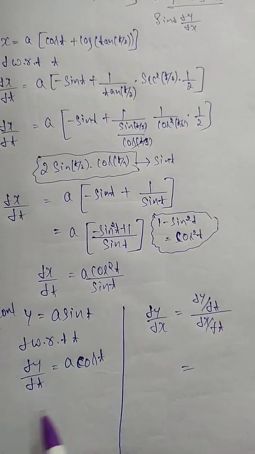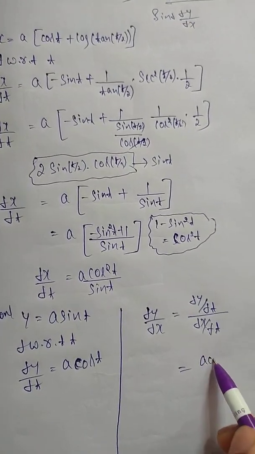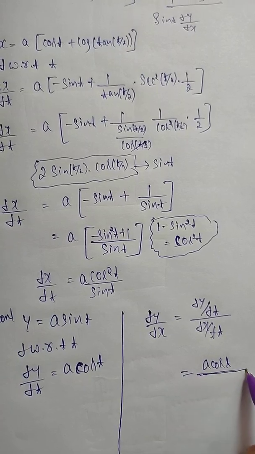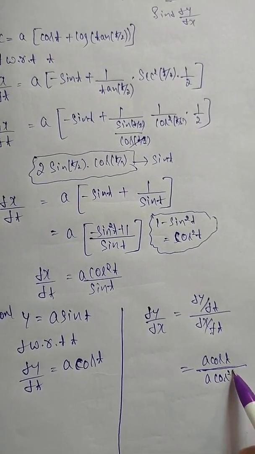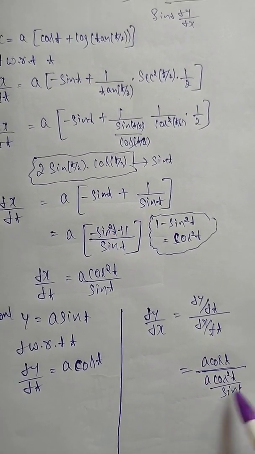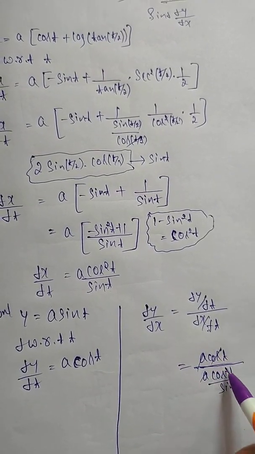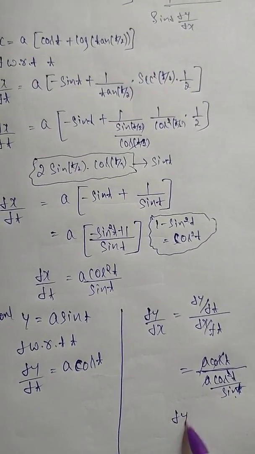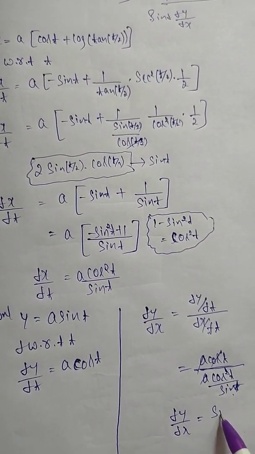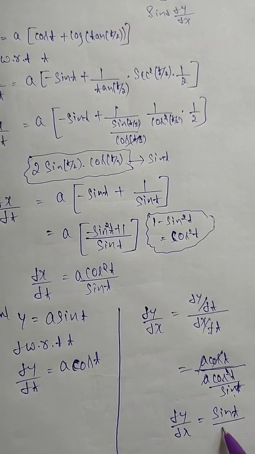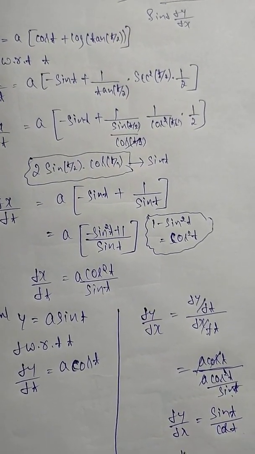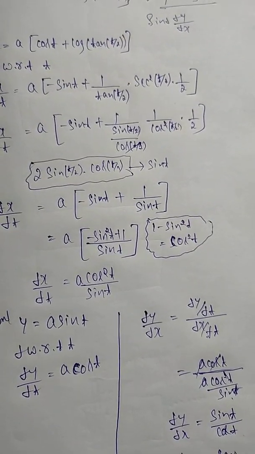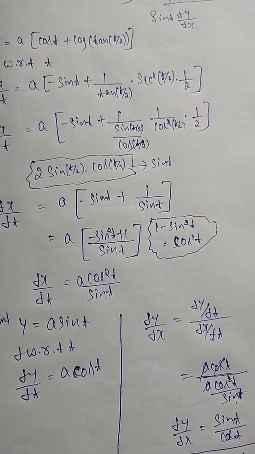We know that dy by dt is a cos t, and dx by dt is a cos square t by sin t. A cancels, cos t cancels. If the sin t comes to the numerator, then dy by dx is equal to sin t by cos t. What is sin t by cos t? It is tan t. So this is the answer.